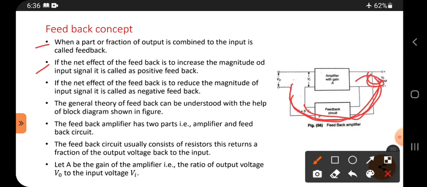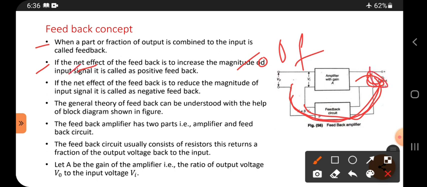If the net effect of the feedback is to increase the magnitude of input signal, it is called positive feedback.